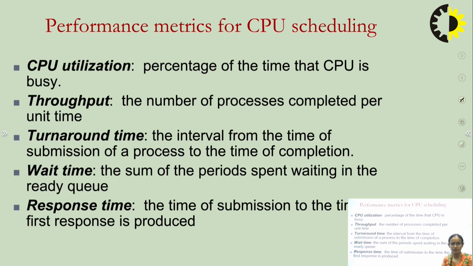And what is the response time? Once you have submitted a process, the total duration from that point to the first response being generated by the process corresponds to response time. So it is the time from submission to the time the first response is produced. When we talk about the goal of CPU scheduling algorithms, our main aim is to maximize CPU utilization and throughput, whereas we minimize the turnaround time, wait time and response time.